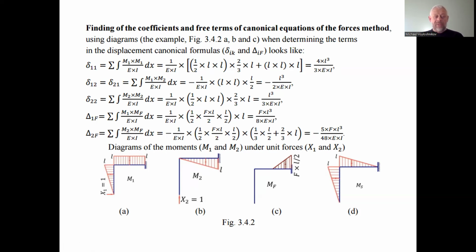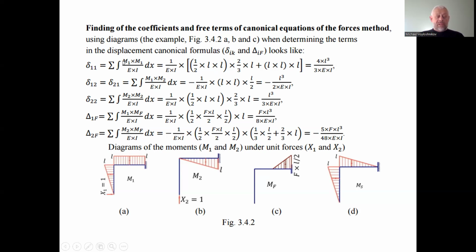For example, the Simpson rule can be used for finding the integral of the product of the diagrams of the bending moments, finding the displacement of a point in a definite direction under the influence of a force in another direction. The first is the direction we look for the displacement. The second is the direction of the applied load.